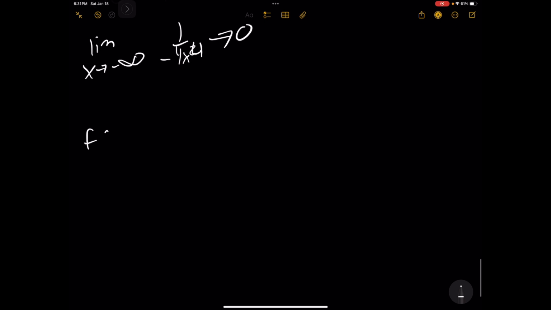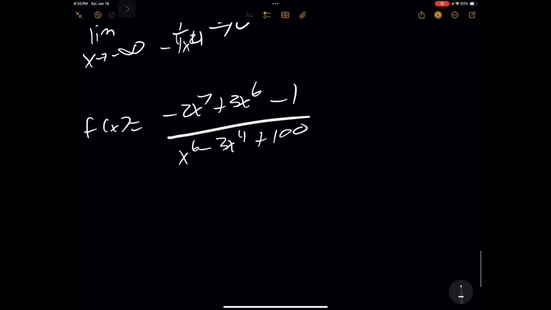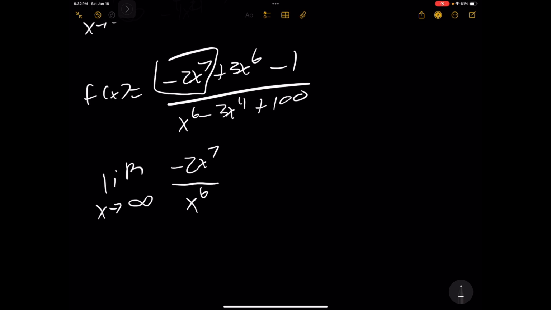What if we had the function f of x equals negative 2x to the 7th plus 3x to the 6th minus 1 over x to the 6th minus 3x to the 4th plus 100? Well, we look for the limit as x goes to infinity of negative 2x to the 7th this time, that's our highest power, over x to the 6th.